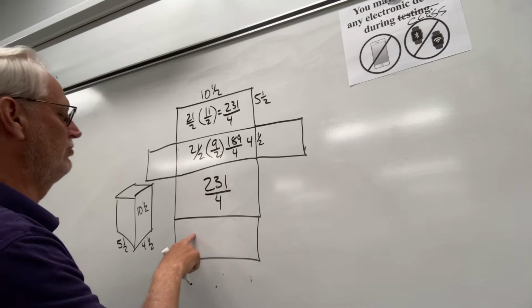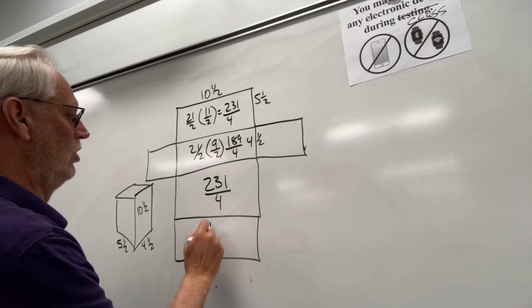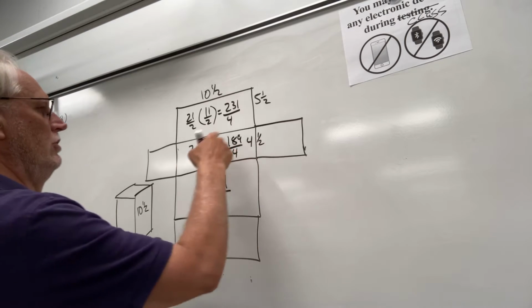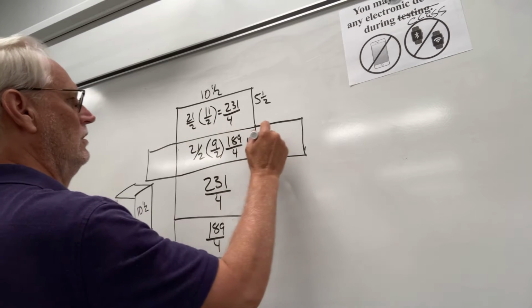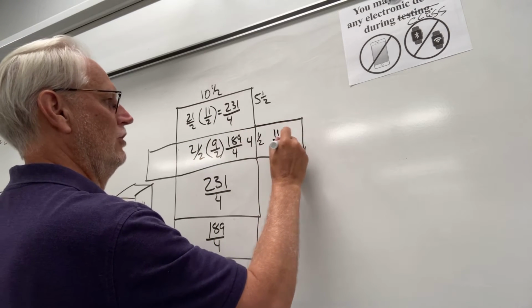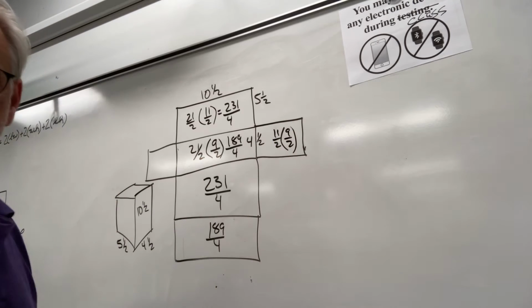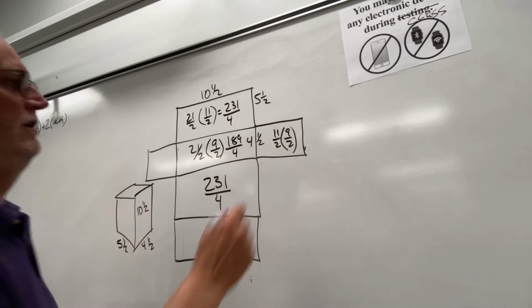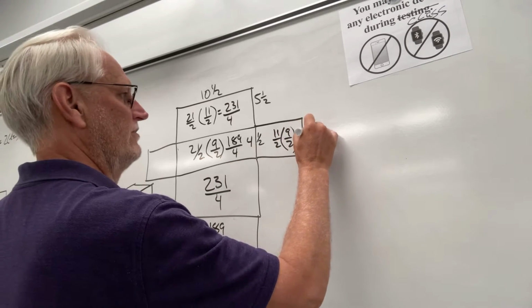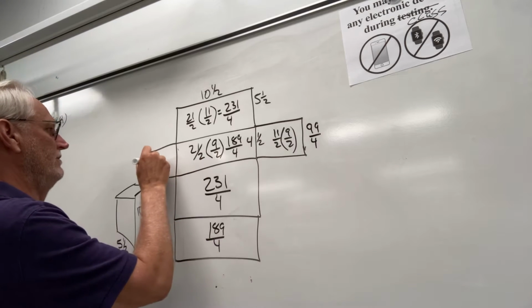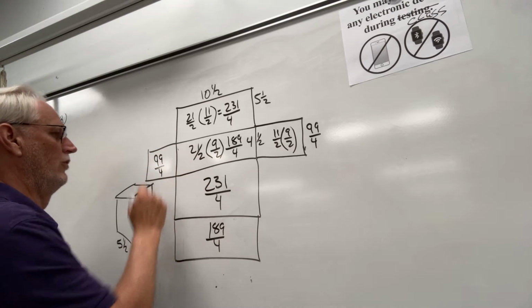And this one and this one are the same, so this is 189/4. So then for this one I'm going to do 11/2 times 9/2. 11 times 9 is 99/4, and that's going to make this 99/4.